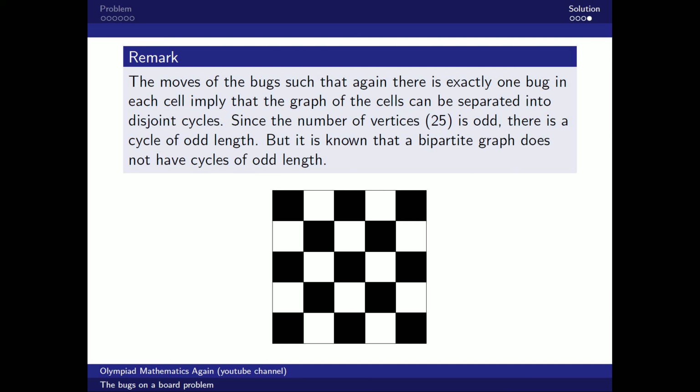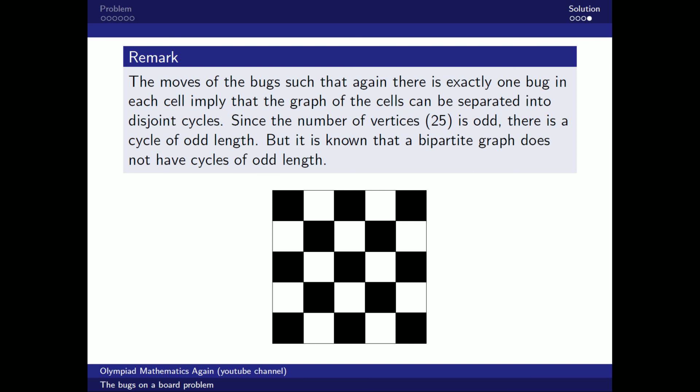So if we separate an odd number of vertices into disjoint cycles, at least one cycle should have odd length, because if they all have even length, then the sum of even numbers would be even. So 25 is odd, therefore at least one of the cycles has odd length.